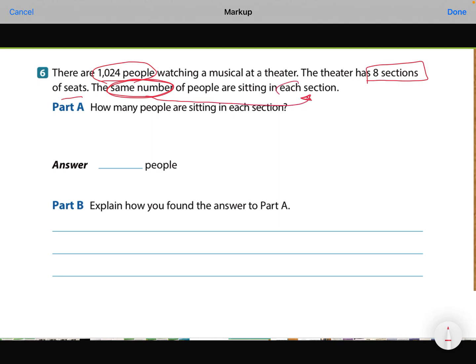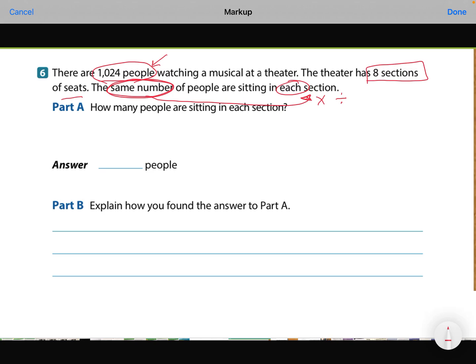So, we talked about each being a multiplication and a division word. What I need to think about here is, am I trying to find a total number of people, or am I splitting up the number of people? Okay? And because I have the total number of people, I'm trying to fit them into a smaller number. That is a division problem.